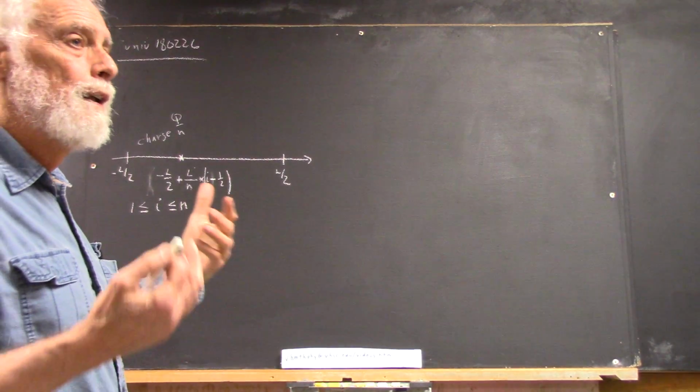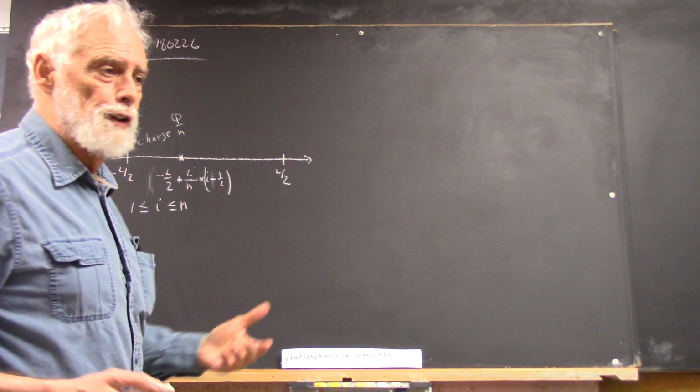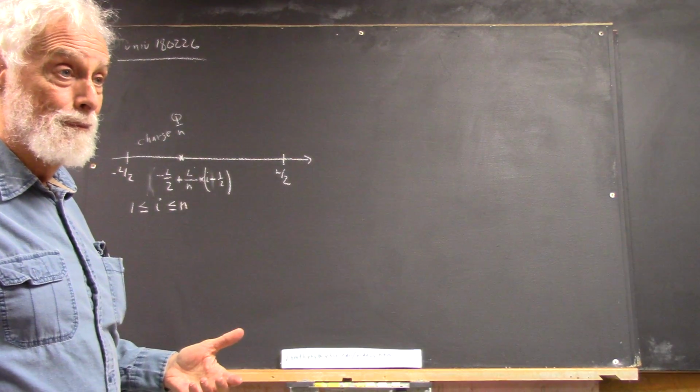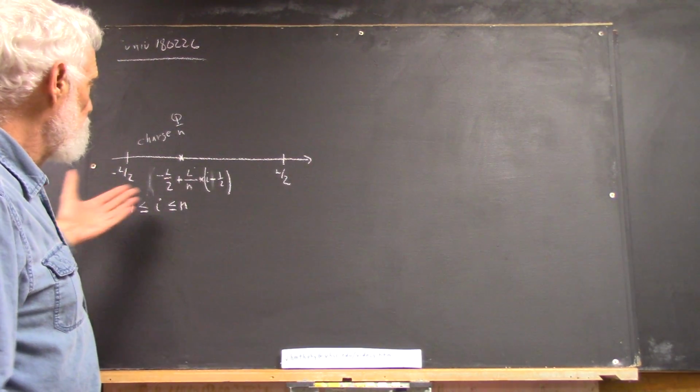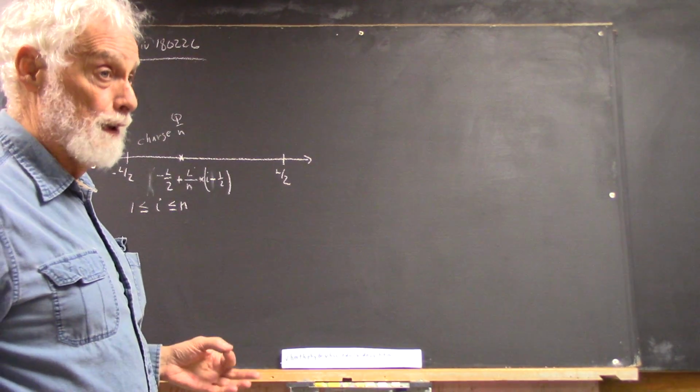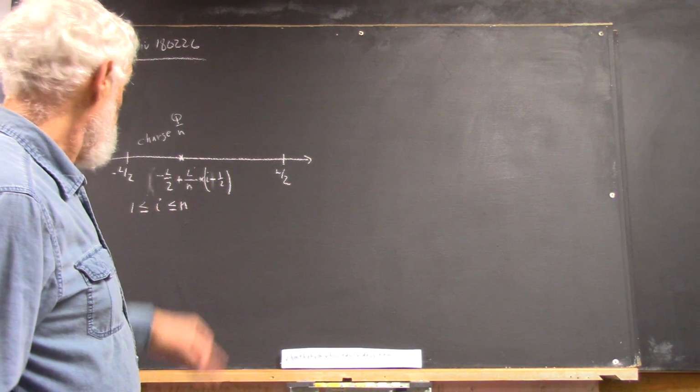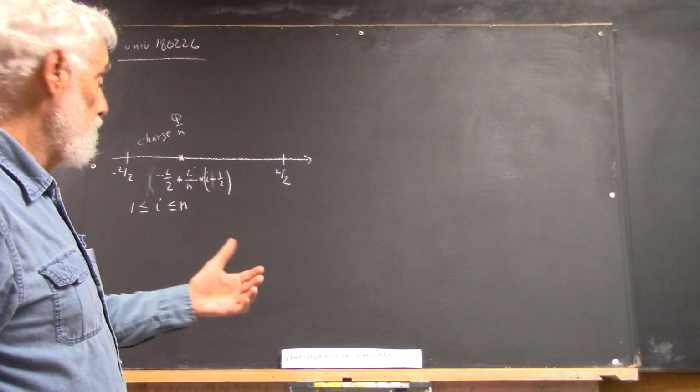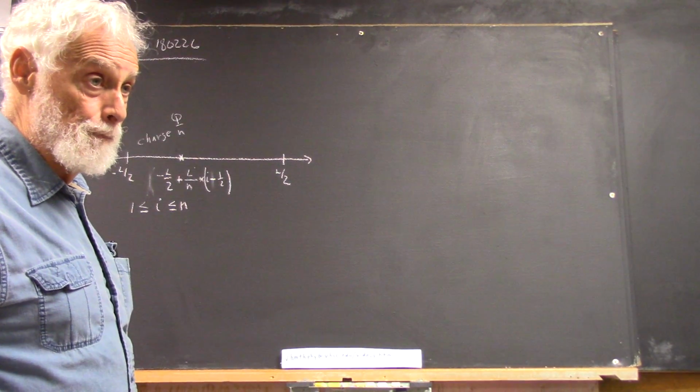You've done enough sequences in your calculus class and analysis of sequences with indexes and so forth. Presumably you've done this. I'm pretty sure you have. That you can understand this notation and how it's related to intervals, because that's where we're headed. Okay?